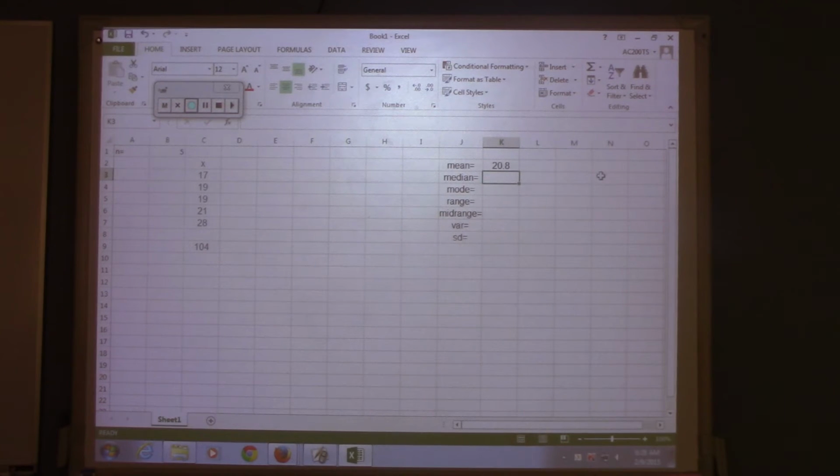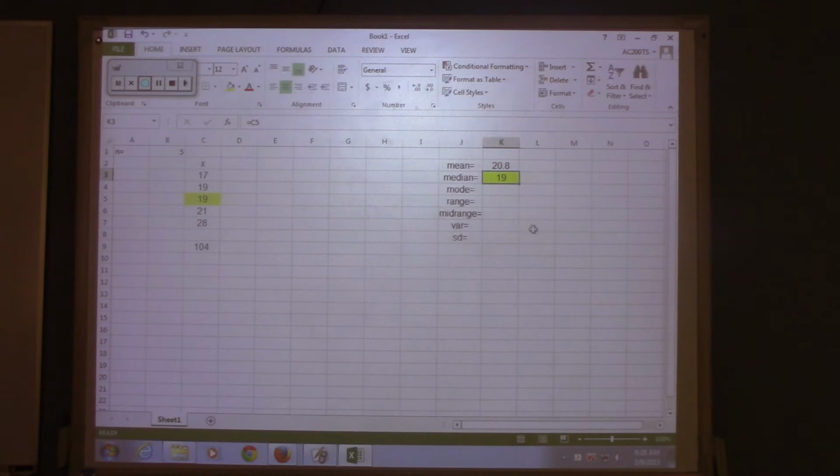Median. Median is observed, so it's going to be equal to this guy right here. Now I'm going to highlight that yeller, and there's the difference between yellow and yeller. That's yeller. And we'll color that one yeller. Since it's observed, I've highlighted.